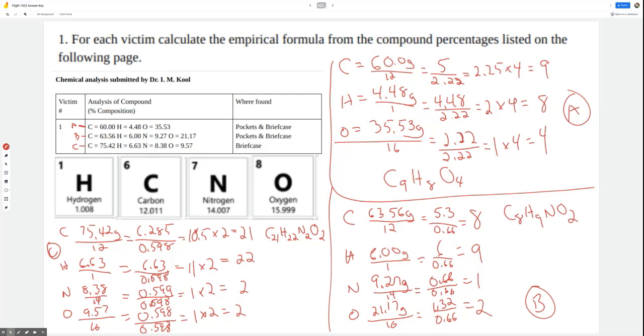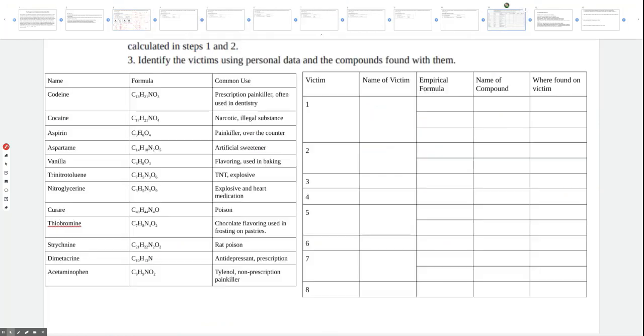All right, so now we have the compounds for victim A, or victim 1 rather. And I'm going to go ahead and put those into the table, which is back here. Okay, so victim A, the first empirical formula was C9H8O4. The second one was C8H9NO2.